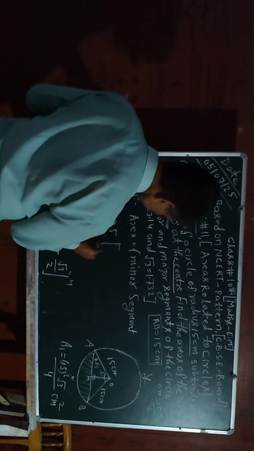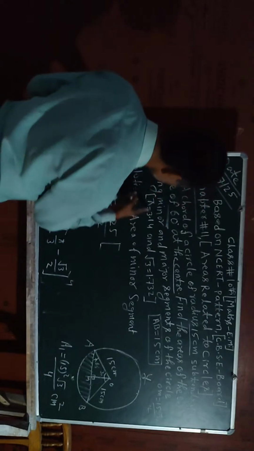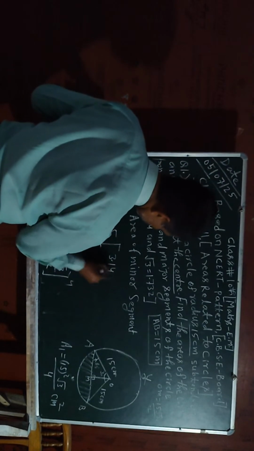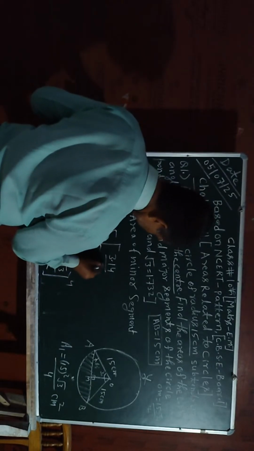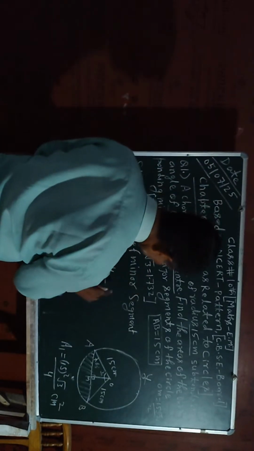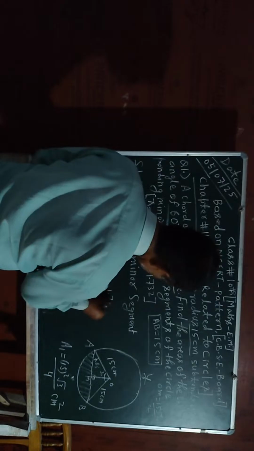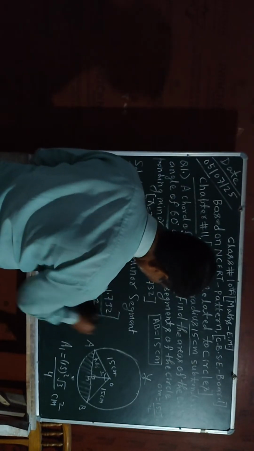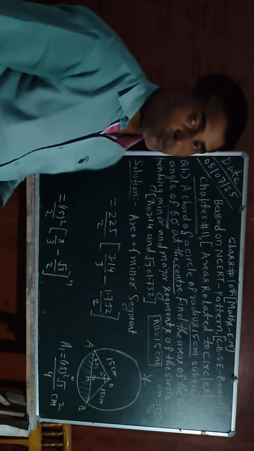Now here I will substitute the value of pi, which is equal to 3.14 divided by 3, and here I will put a minus sign. Here the value of root 3 is given as 1.732 divided by 2.